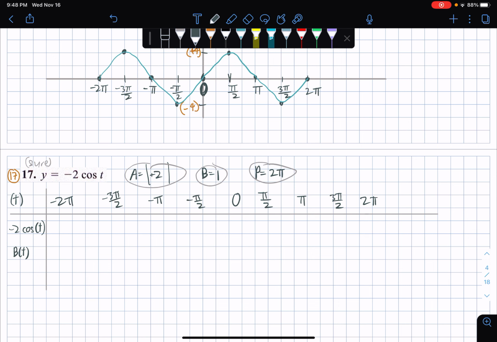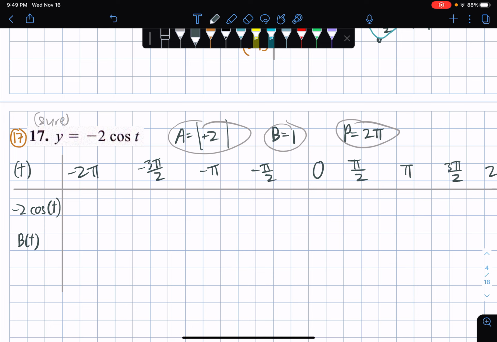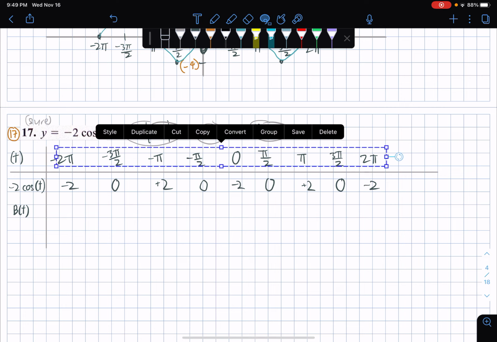Maybe, maybe not. But at least we have the grasp. So calculate negative 2 cosine whatever t value it is. The values are as follows. And for bt, because b is 1, copy paste.